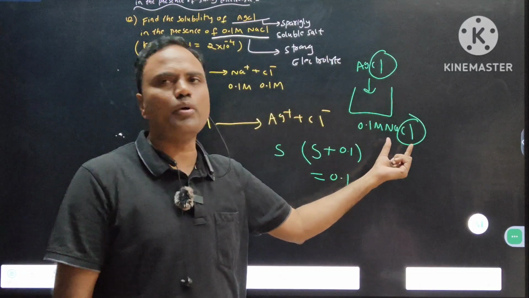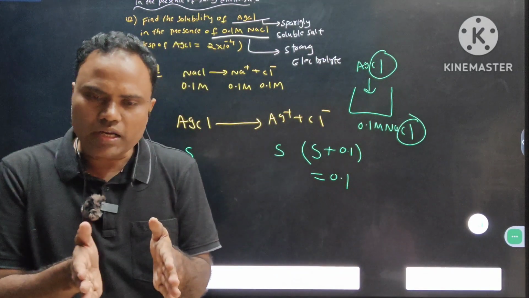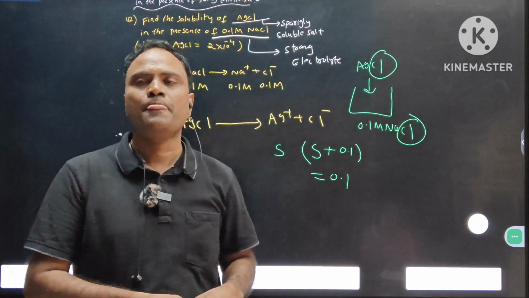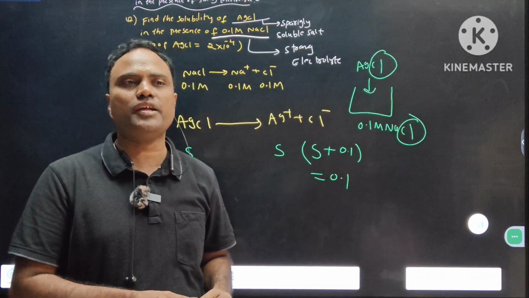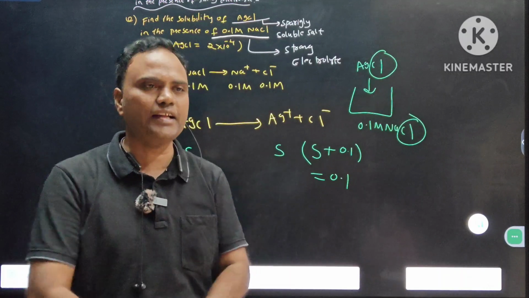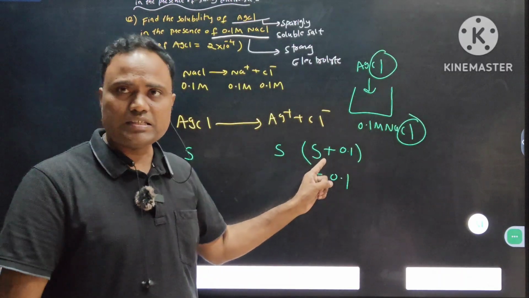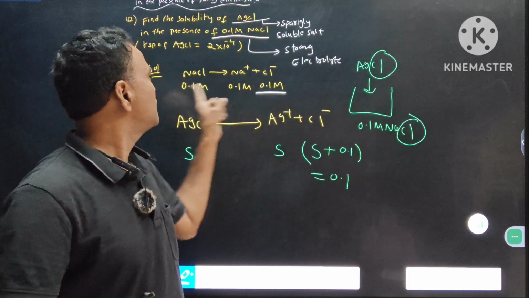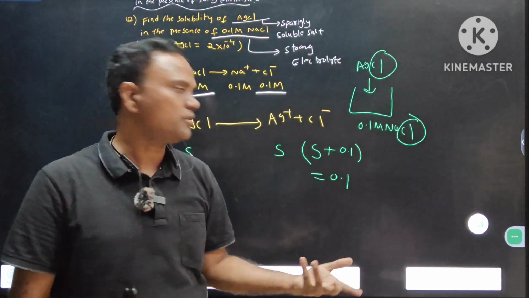First source is 0.1 molar NaCl. Already chloride ions are present and you are adding AgCl. But AgCl is a weak electrolyte, so Cl minus ions from AgCl can be neglected. That's why S plus 0.1 is taken as 0.1.